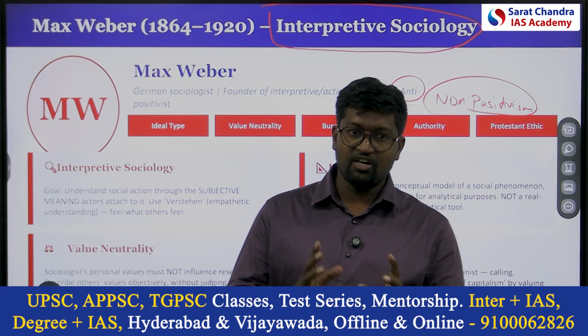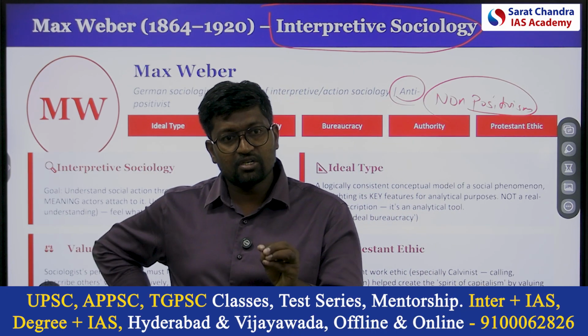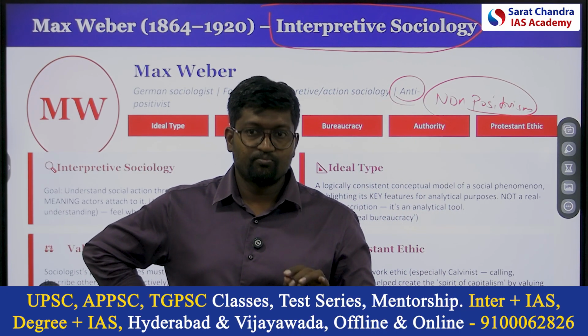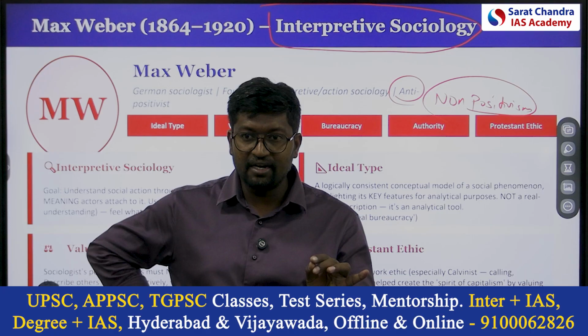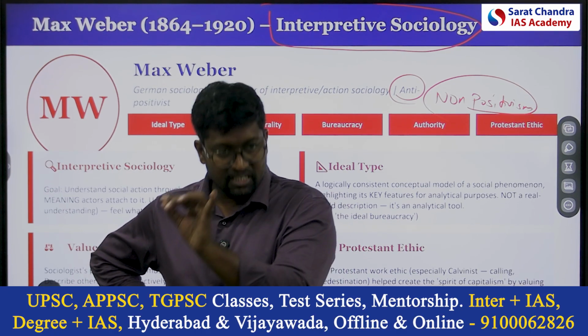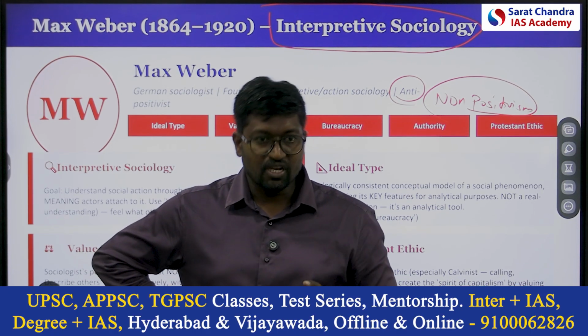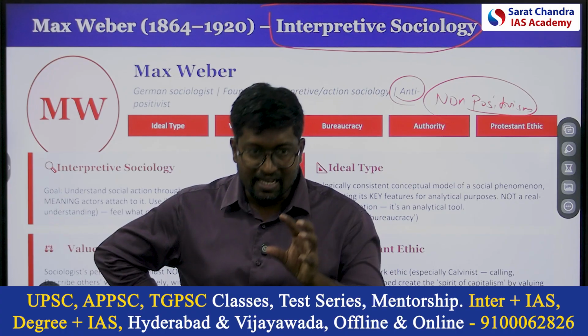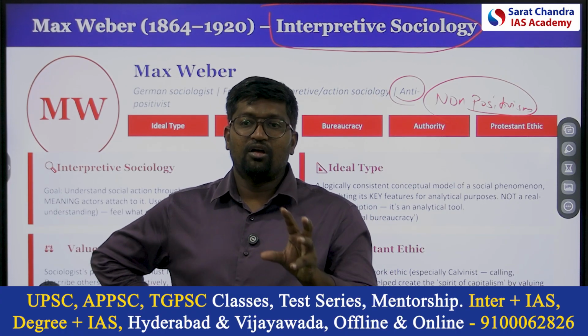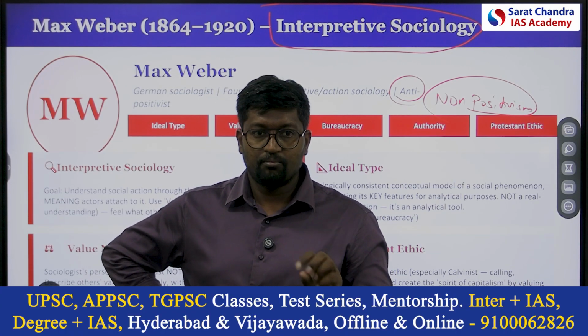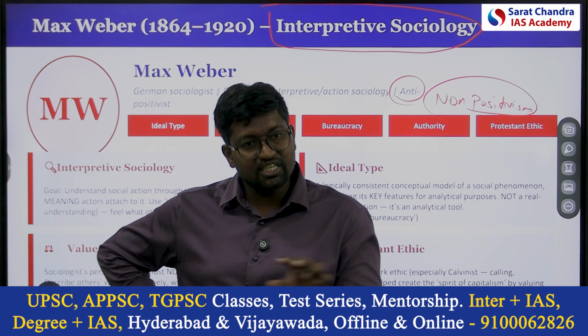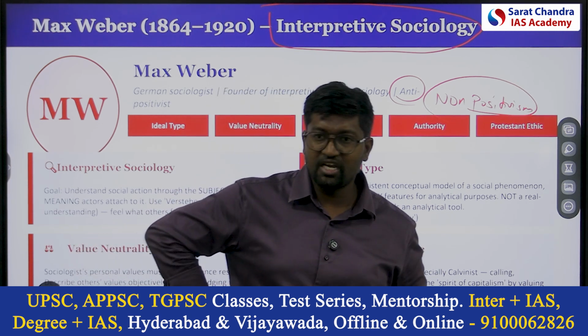You understand my point? At the end of the day, non-positivists are also finding patterns. But what non-positivists are saying is that true objectivity cannot be achieved. We find out patterns, but you have to understand that there is subjectivity involved.